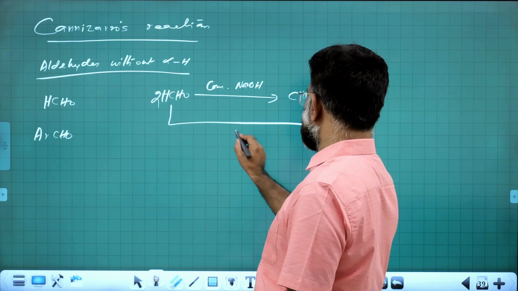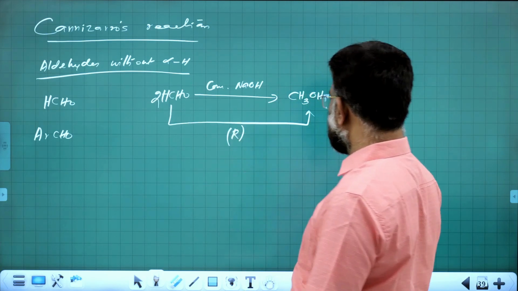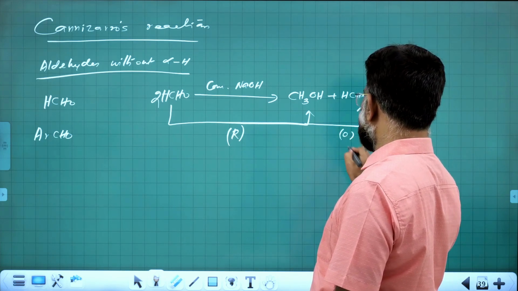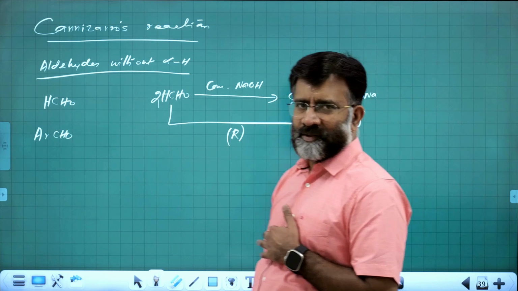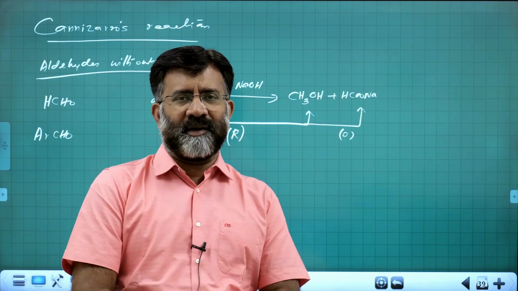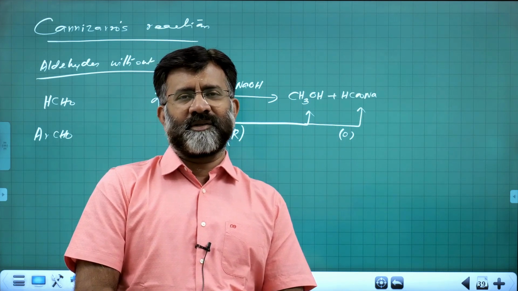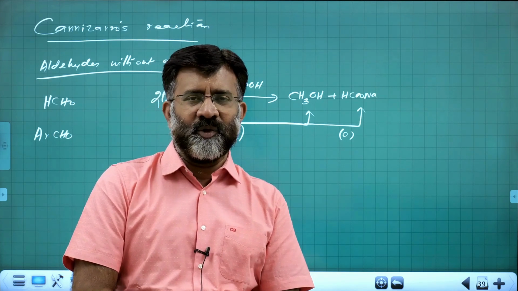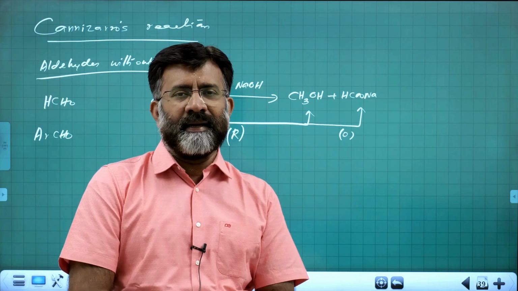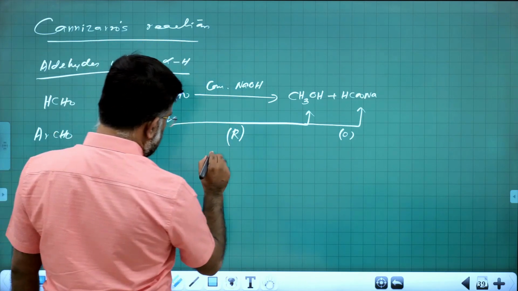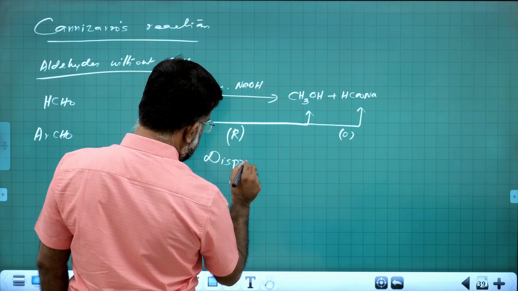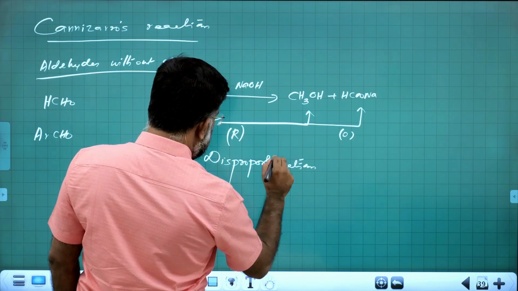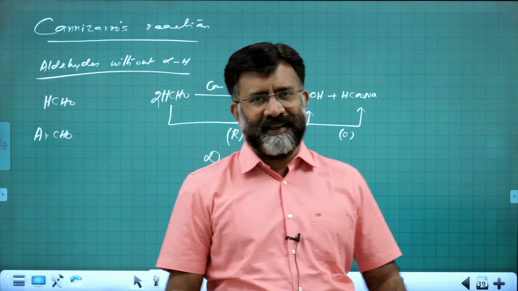Formaldehyde upon reduction gives methanol. Formaldehyde upon oxidation gives formic acid. Since it is an alkali solution, you get sodium formate. This is a disproportionation reaction, right?